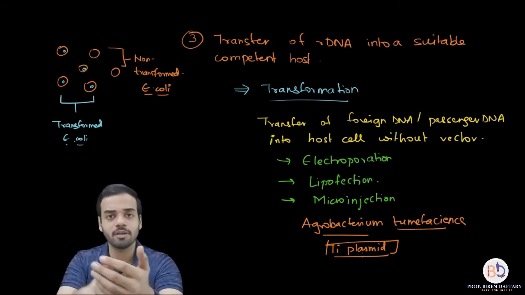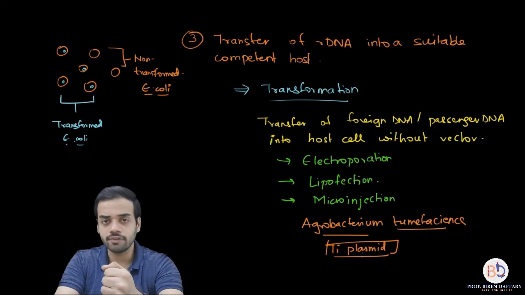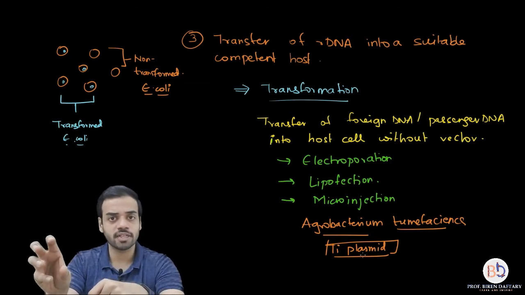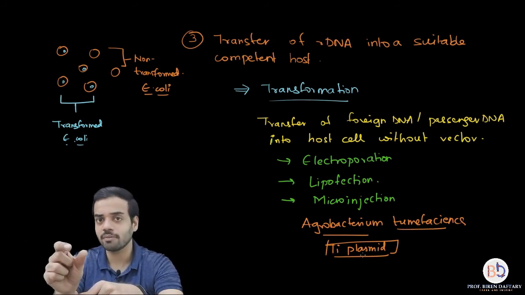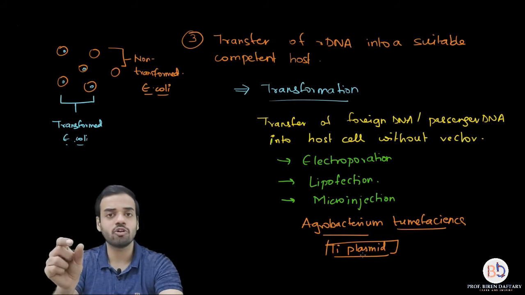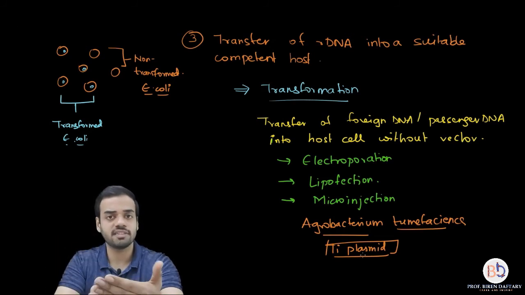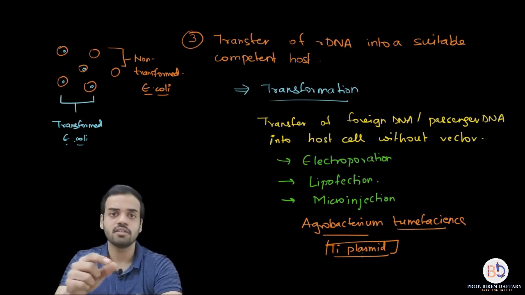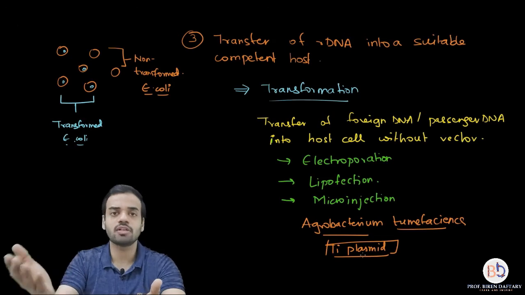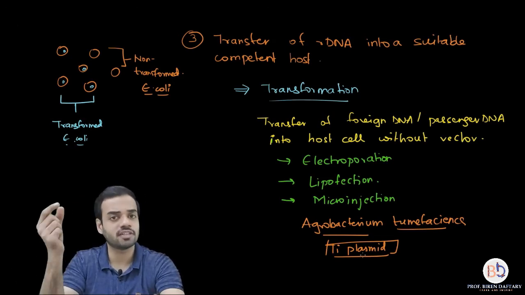So just recapping what we have done. First step, we selected an organism, from that we removed the DNA, and from the DNA we cut the DNA using a restriction enzyme. We selected one fragment which was having the gene, that was called the foreign DNA or passenger DNA or required gene or DNA fragment. Second step, the same restriction enzyme we used to cut the vector. Suppose we took the plasmid, you cut the plasmid with that. If we took bacteriophage, cut bacteriophage with that.